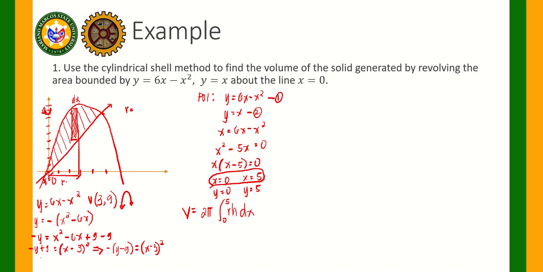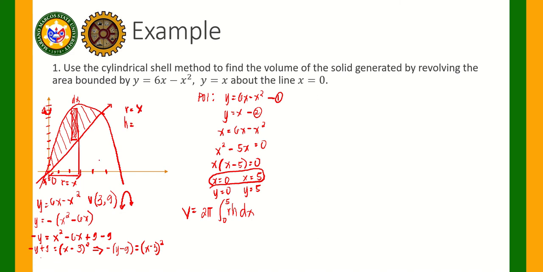So, this is our r, which is equal to x. Okay? Since yung axis of rotation natin is yung origin, we can assume na yung r natin is equal to x.